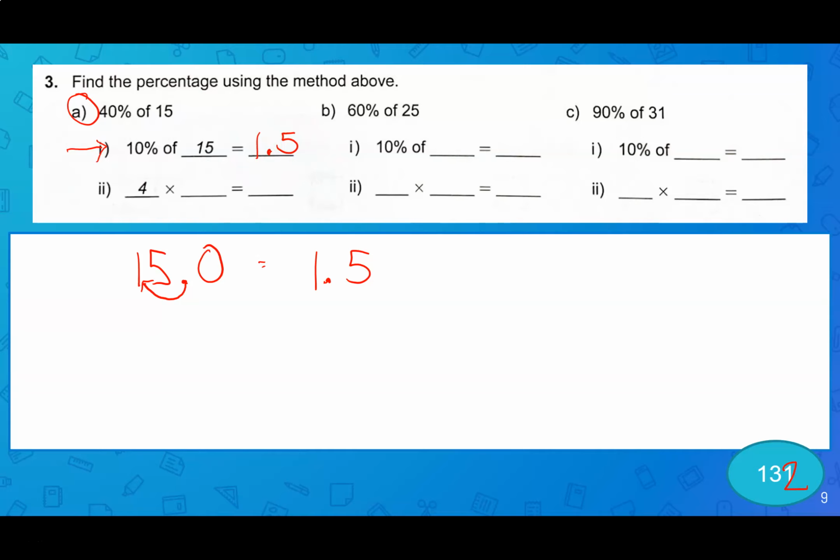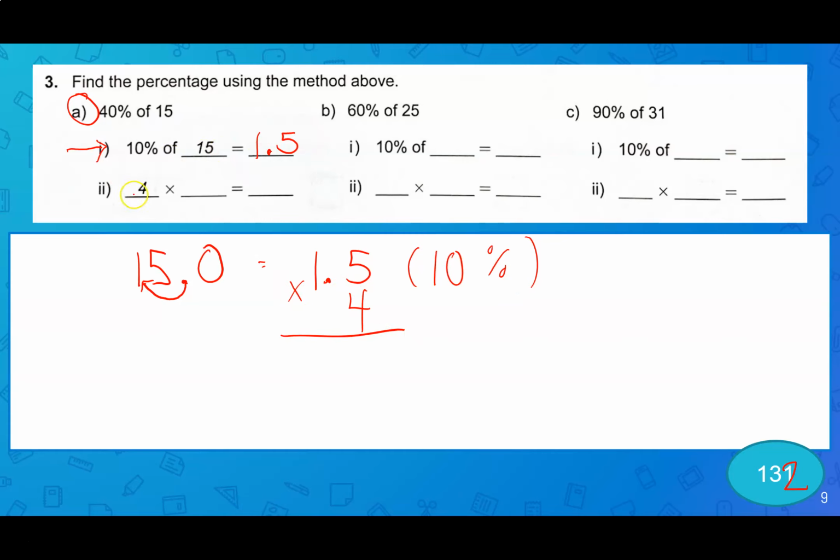So now we need to find what 40% would be. Well, if we know this is 10% of the number, we can multiply this by 4 to find out what 40% will be.